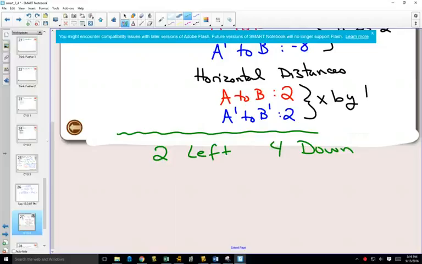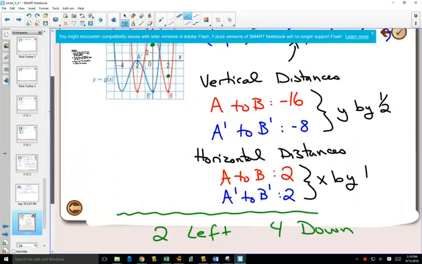So once we plot those points, it's going to be easy for us to see what the translation is. And we have to go 4 down because we notice that it goes by 2s. So we go down 4, 2 to the left, and it matches up.